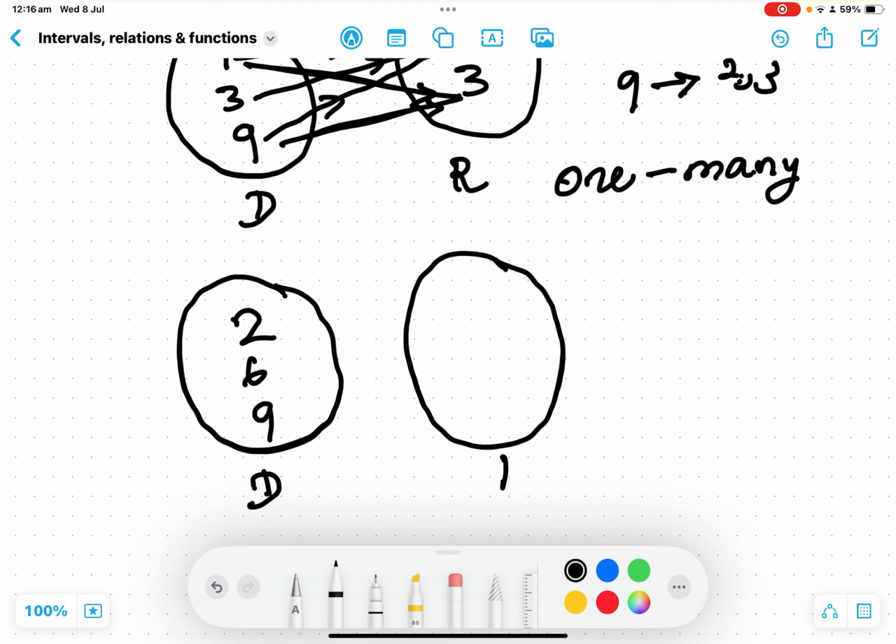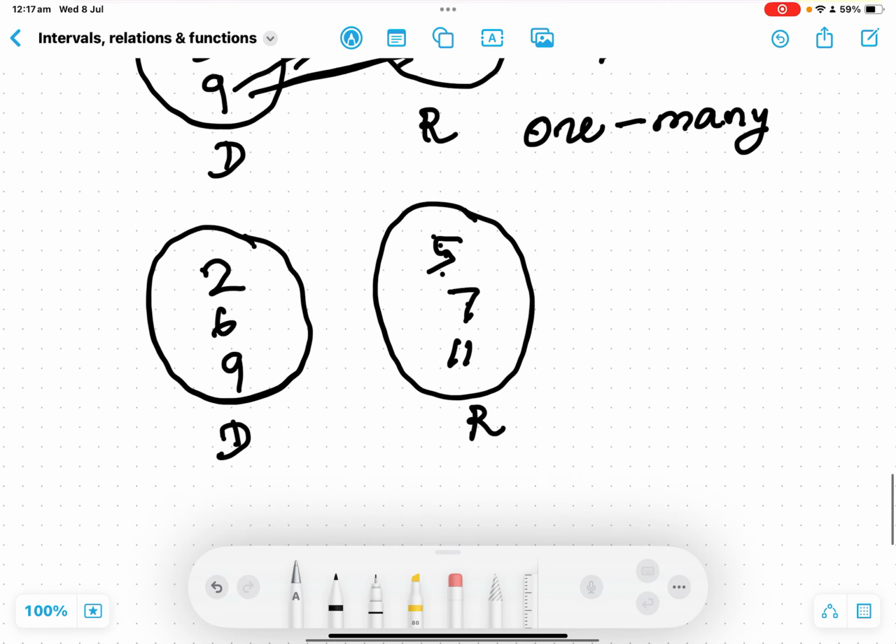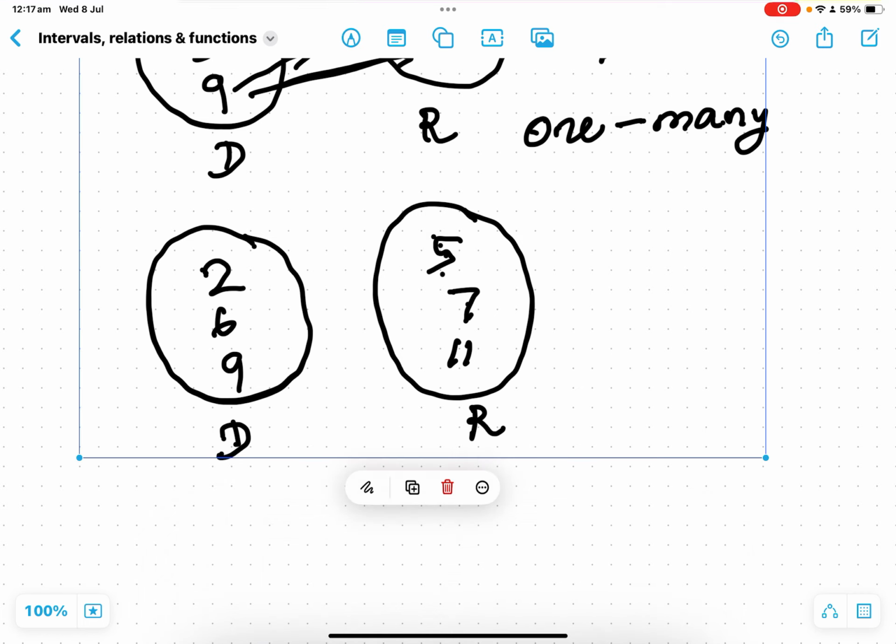So, many to one. Let's say 2 goes to 5, 6 goes to 5, 9 goes to 5.